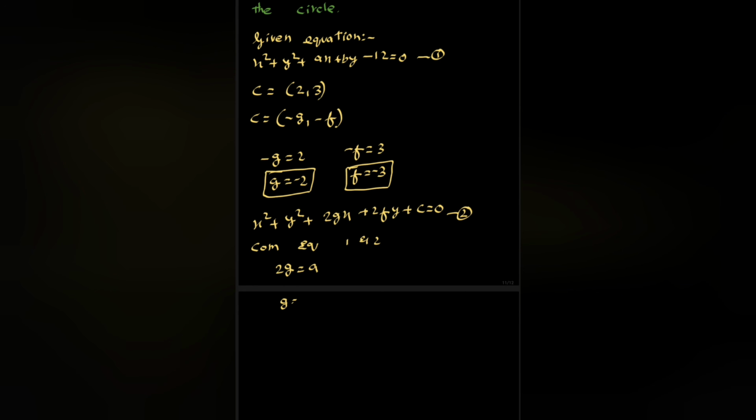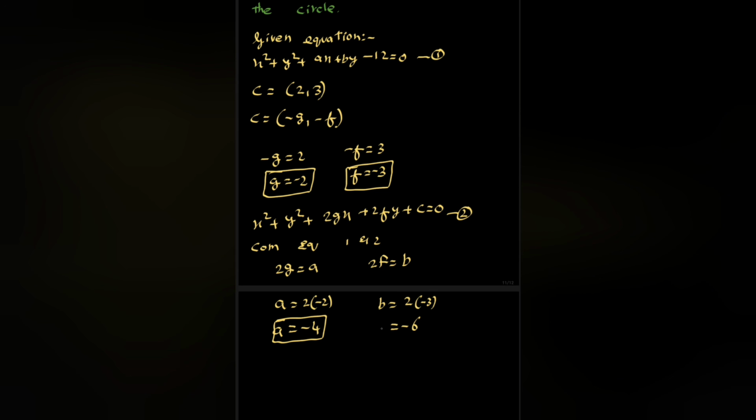So substitute minus 2 in place of g, then we get a is equal to 2 into minus 2, that is minus 4, and 2f is equal to b. So what is f? It is minus 3, so b is equal to 2 into minus 3, that is minus 6. So we got the values of a and b.